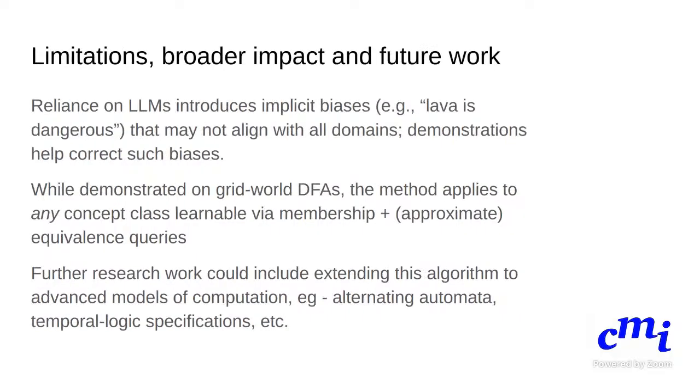The limitations and broader impact: reliance on LLM introduces implicit bias that may not align with all domains, and demonstration helps correct such biases. I think I might be overstepping, but regarding the original question that Devanta and you asked, that if you get a negative answer, I think demonstration helps correct those biases.